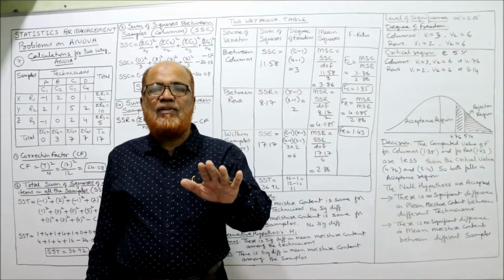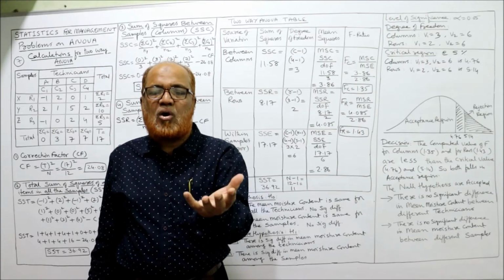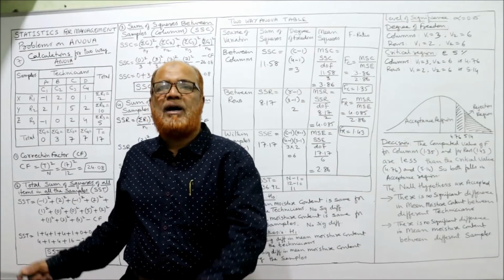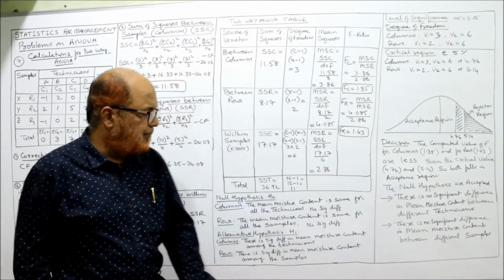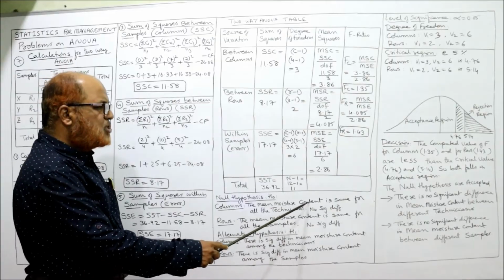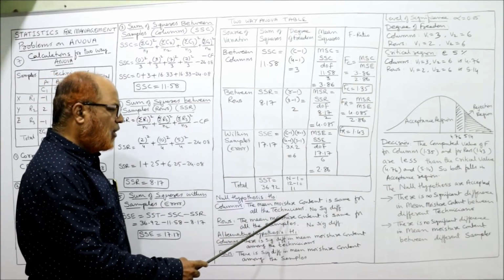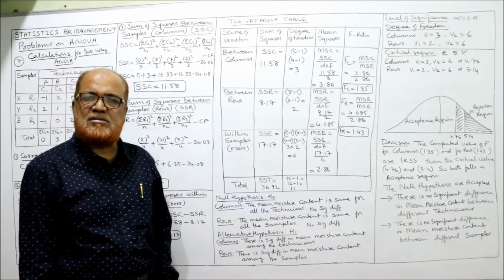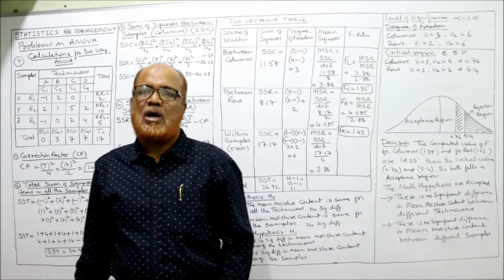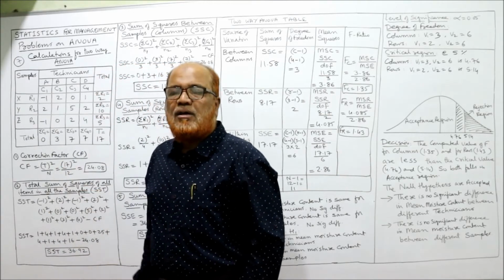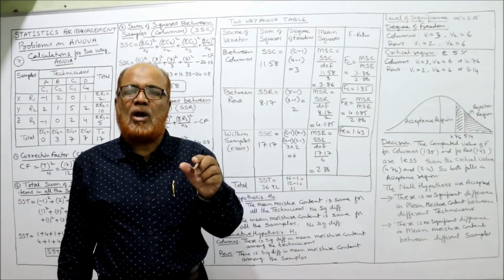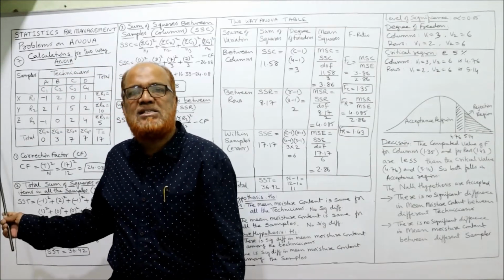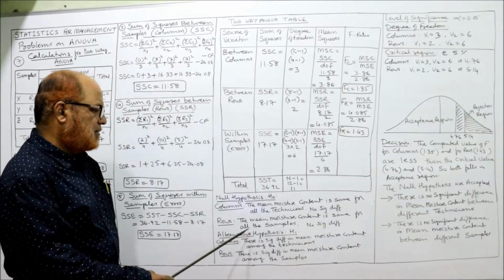There is no significant difference in moisture content found by the four technicians A, B, C, D. The mean moisture content is the same for all the technicians. Then rows, of which there are 3. Same: no significant difference in moisture content found in the 3 samples X, Y and Z.